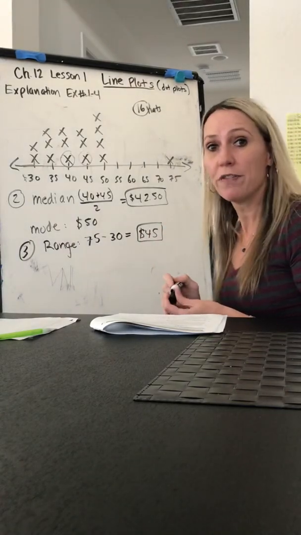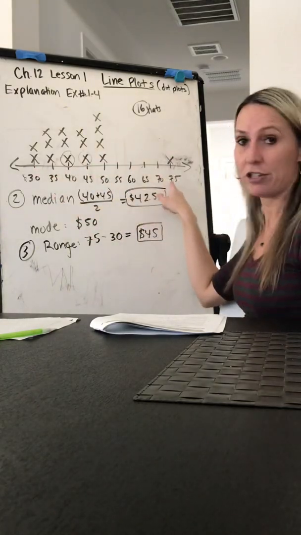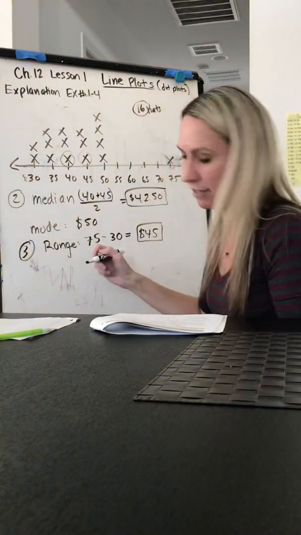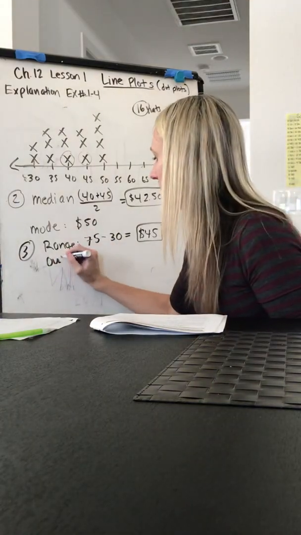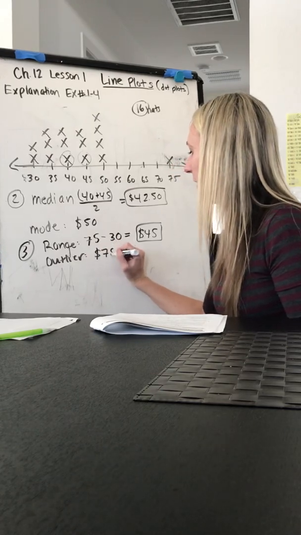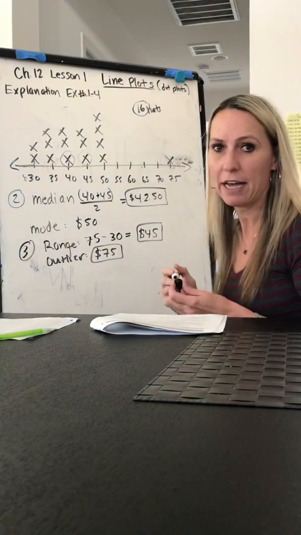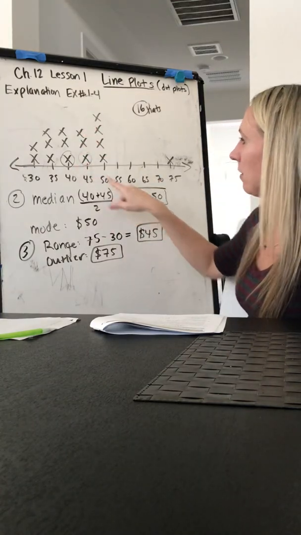So there's a $45 difference between the cheapest hat and the most expensive hat. And then the next one is, is there an outlier? And Bentley, what do you think our outlier is? The 75. Yeah, 75. So there's one super expensive hat, but most of the hats were around here, between 40 and $45.